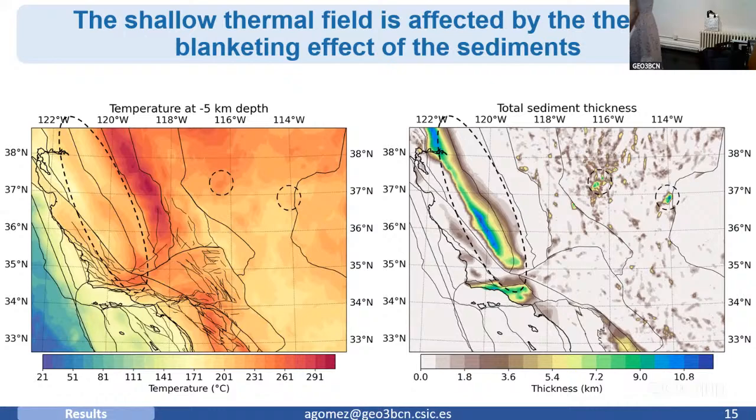And what we can see already is that there is some first order control of having hotter temperatures underneath these basins. And it's because the sediments have a low thermal conductivity, meaning that the heat cannot escape very easily from deep in the earth to the surface.